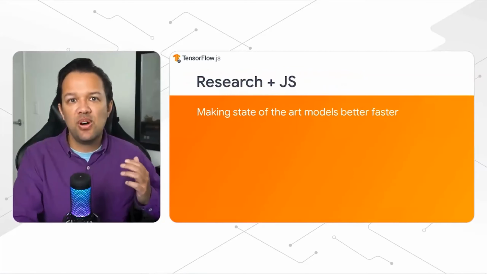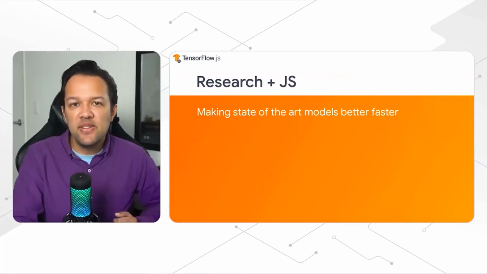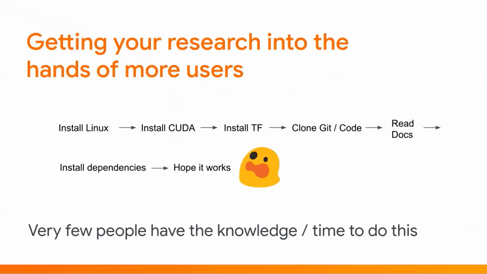Now, on the subject of getting more eyes on your work, how can TensorFlow.js aid researchers? Well, what if you could get your research into the hands of more users? What we see here is the typical approach needed for server-side environments. First, you must install Linux, then CUDA, install TensorFlow, clone some GitHub repository, read the documentation, install the dependencies, and then maybe, if everything is on your side, it will work and you can run the example.